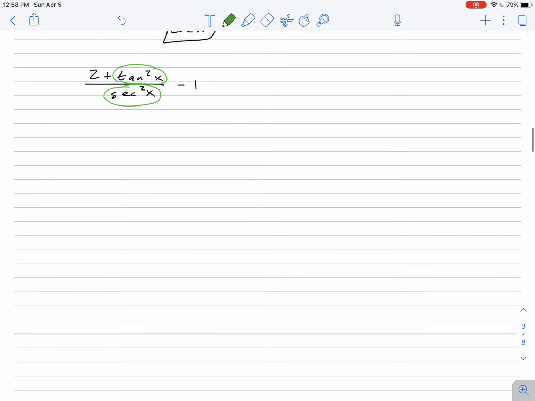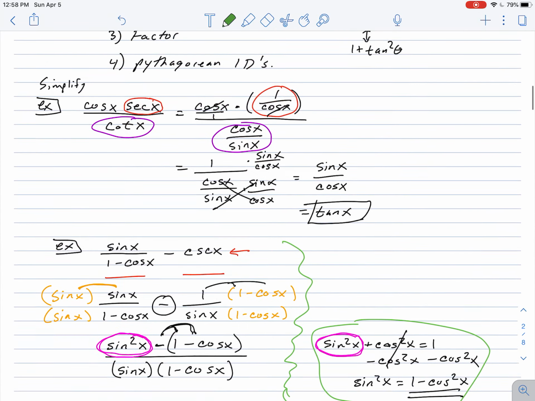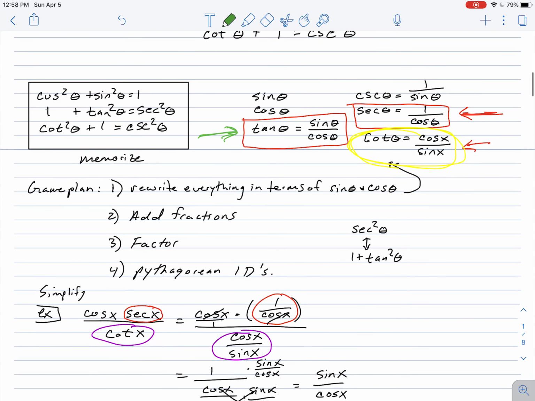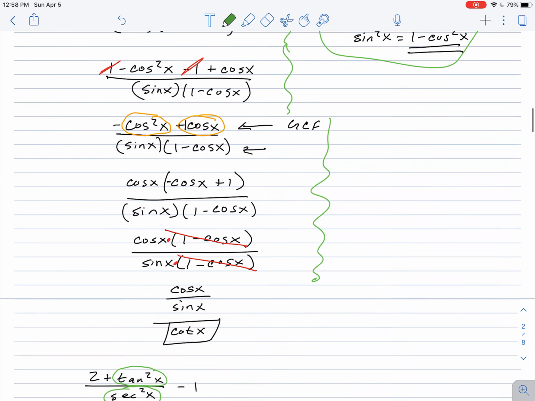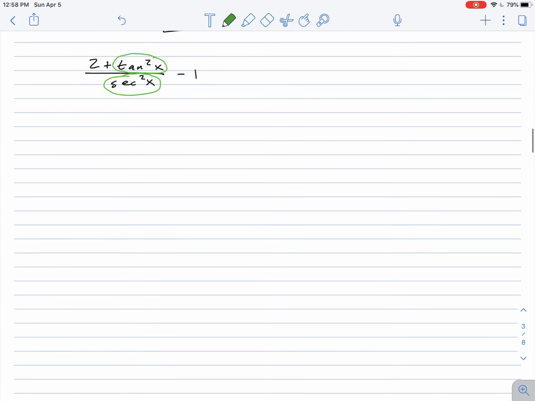So when I go back up to my Pythagorean identities, I'm looking at these guys in the box, and I'm especially noticing that this middle Pythagorean identity has tangent and secant in it. When I have an equation that has 2 of the trig functions that belong to each other in a Pythagorean identity, that's a good sign that that's going to be a helpful thing to do.